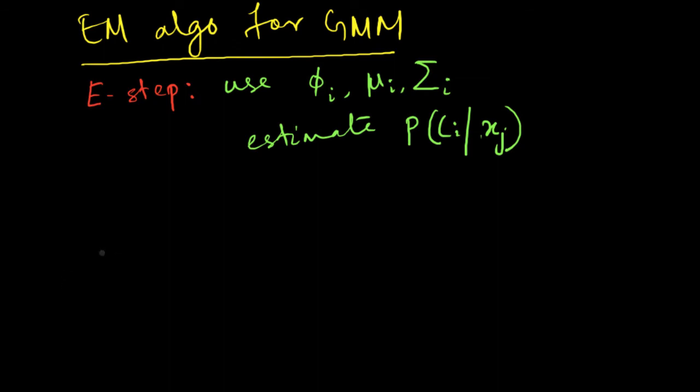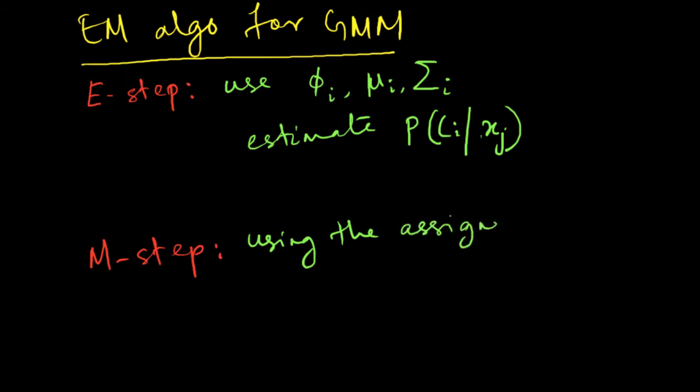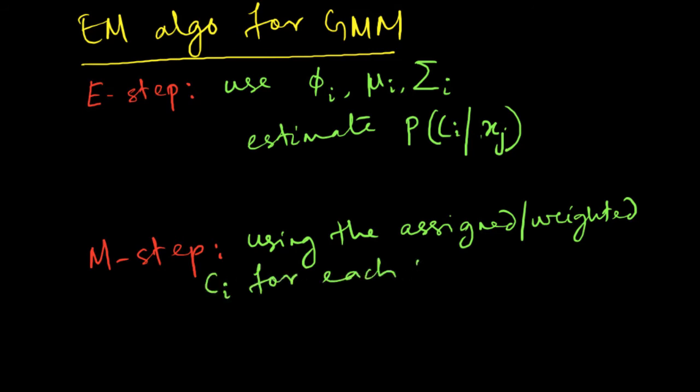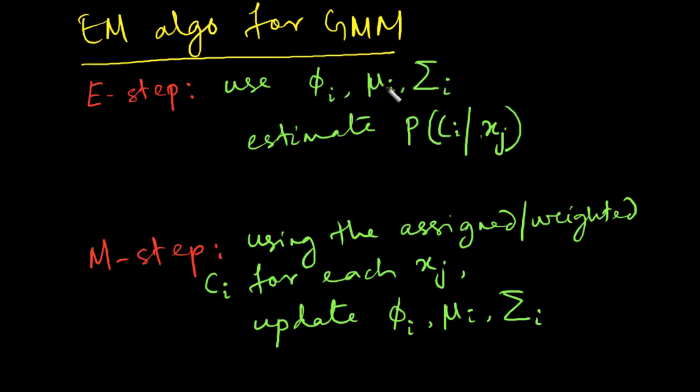Now the next comes the M step, which is that using the assigned, or rather the weighted Ci for each xj, you update your values of phi I, mu I and sigma I. I hope you can understand what we are doing.